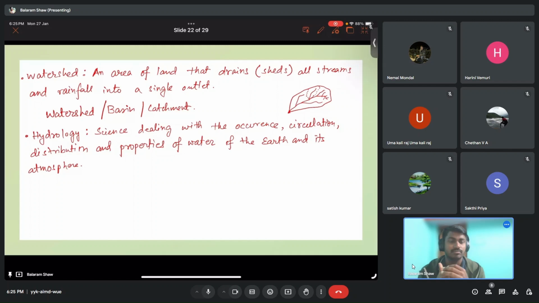And from there also there can be several problems happening. We'll study that in the later weeks or later lectures. So we have an ample amount of water, but as our population is increasing, the land area which we are using is increasing, and hence the water demand is also increasing, right? So with this I'll start.